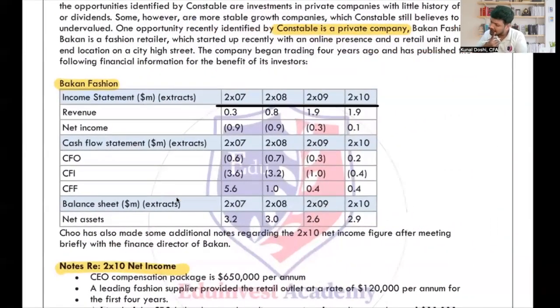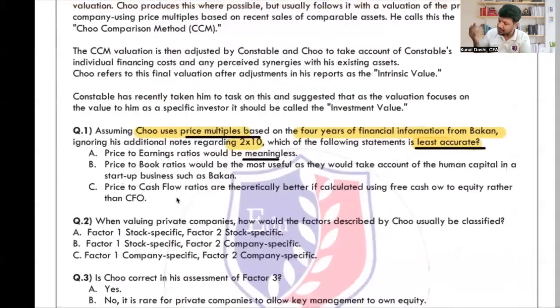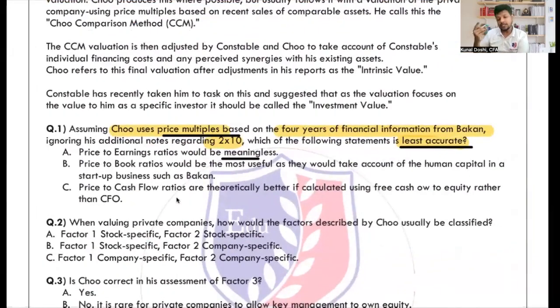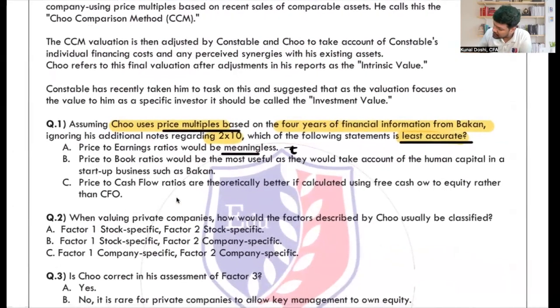The company's net income is negative, isn't it? When the net income is negative, guys, does doing P/E ratio make sense? Out of 4 years, 3 are negative, isn't it? So can I say the first statement is correct? You're looking for the wrong statement. So since my earnings are negative, this is a true statement.